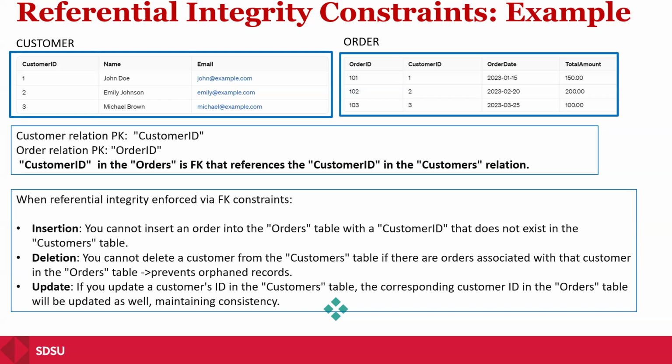For the deletion, you cannot delete customer one from the customer table because this customer has data in the order table. For the update, you can't update customer ID on the customer table if the specific customer does have corresponding orders.